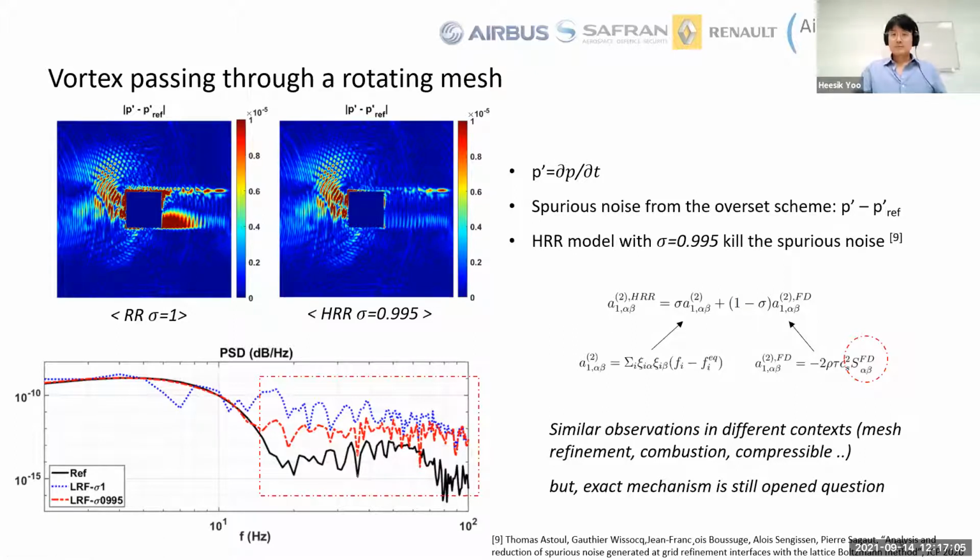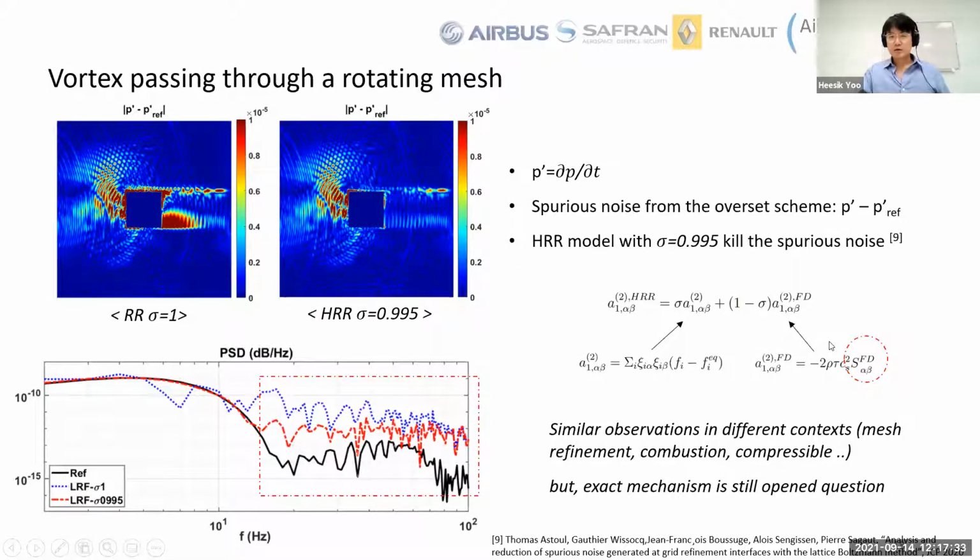And actually similar observations have been made in different contexts, such as mesh refinement, by other researchers. In mesh refinement, we also have to do an interpolation between the coarse grid and fine grid, and it gives spurious noise from the interpolation, and it shows that adding a slight amount of the finite difference part kills the spurious noise.